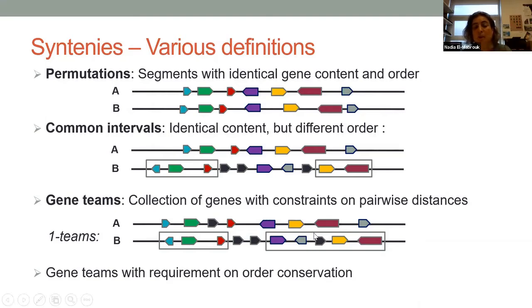You see you have the black gene here, which is in this sequence but not here. But anyway, the distance between two genes is not larger than 1 different gene. So the gene team definition of syntenies allows for some genes that are different, some foreign genes.